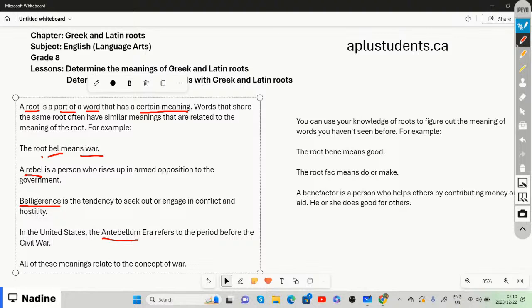And then we made mention of certain words with the root as a part of the word. We spoke about rebel, bell is in rebel. Belligerence, bell is in belligerence. And then we also have antebellum, where we have bellum or bell within that word.